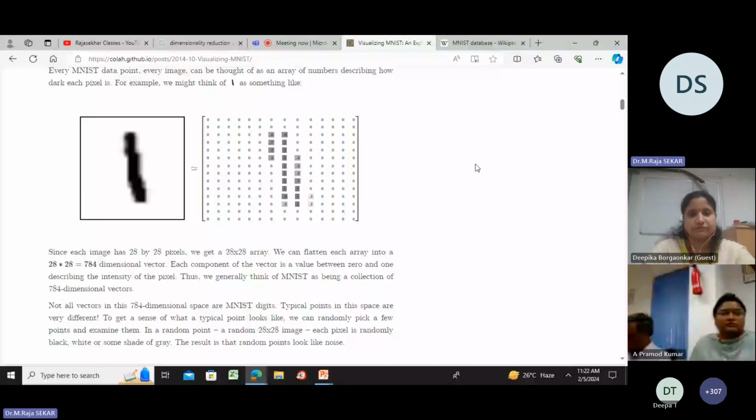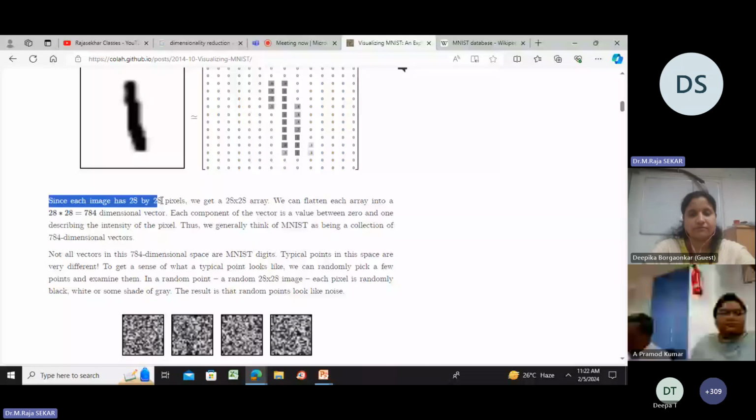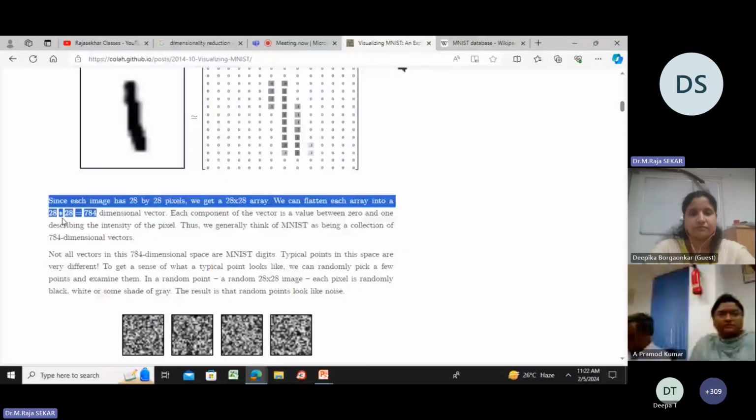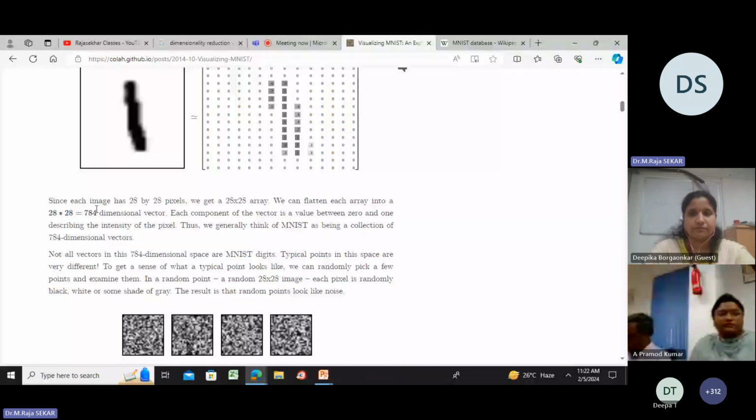Now what they did, just see, since each image is 28 by 28 pixels, we can flatten each array, 28 into 28. If you multiply 28 into 28, you will get a 784 dimensional vector. It means he is converting each image into a vector.